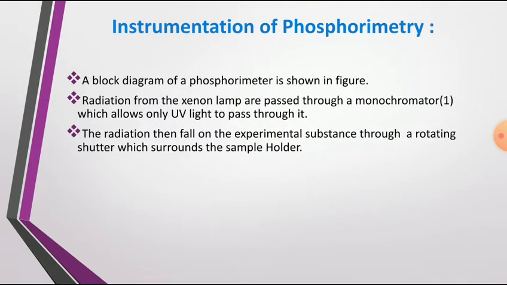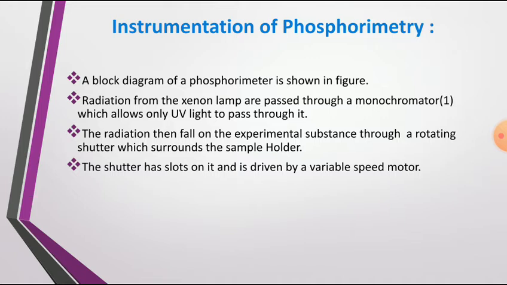The radiation then falls on the experimental substance through a rotating shutter which surrounds the sample holder. The sample solution is kept in the sample holder, or sample cell, which is kept inside a rotating shutter, or phosphorescope, that I will show later.